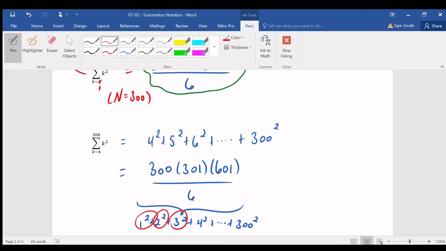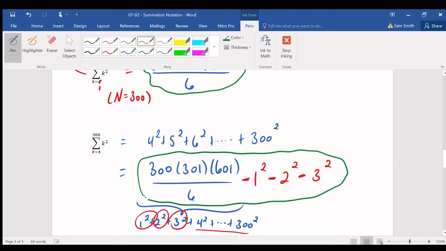If I subtract off 1 squared, and I subtract off 2 squared, and I subtract off 3 squared, then I'll cancel out the k equals 1, 2, and 3 terms, and I'll be left just with the 4 and beyond that I am looking for in this summation. So if you simplify this number, you'll have the result of this summation, which starts at 4 instead of at 1.